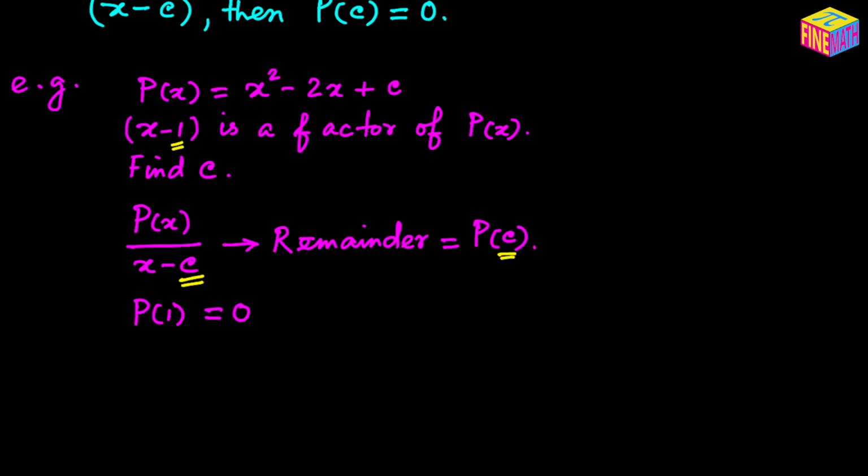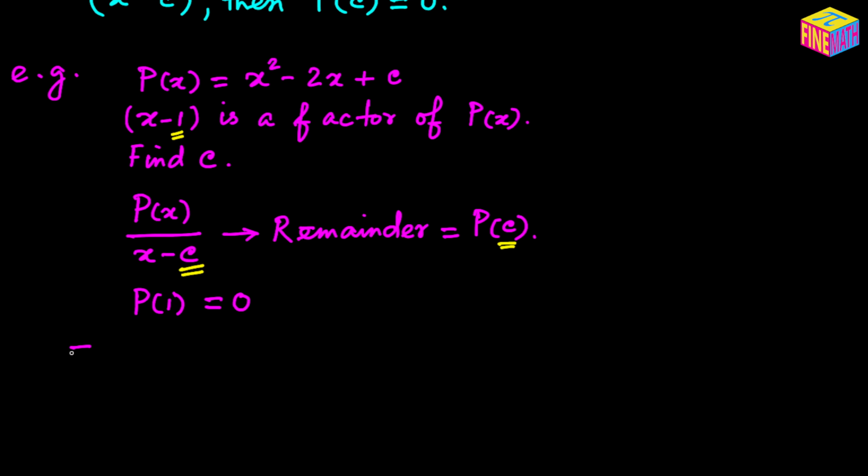And then let's try to evaluate. So from here, we are going to say, okay, so what is p of 1? Well, p of 1 will be the value of the polynomial when x is replaced by 1. So let's replace x by 1 in the original polynomial. The original polynomial has x squared, so instead of x squared, I am going to write 1 squared minus 2 times 1 plus c.